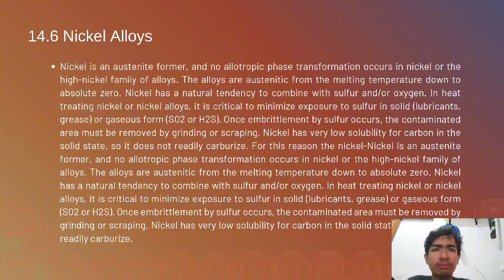Once embrittlement by sulfur occurs, the contaminated area must be removed by grinding or scraping. Nickel has very low solubility for carbon in the solid state, so it does not readily carburize.